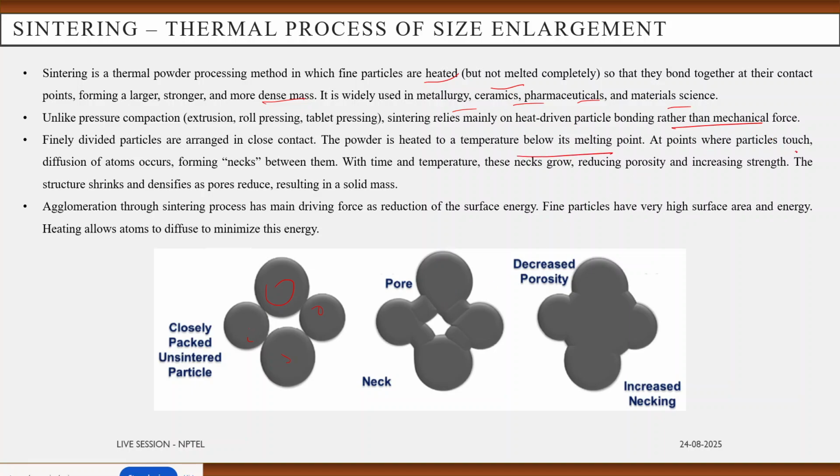At this point, the particles touch each other and form necks, and they are linked to each other. With time and temperature, the necks grow, reduce the porosity and increase the strength. So here it decreases the porosity, increases the necking, and increases the strength.